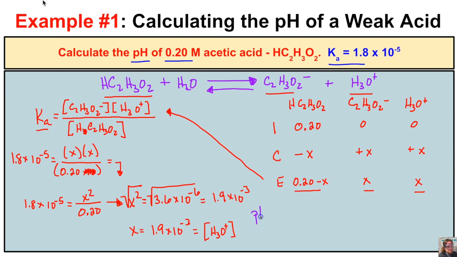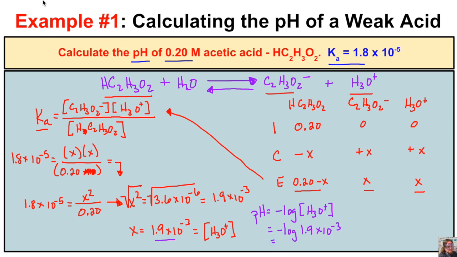And remember, to get the pH of a solution, we take the negative log of our H3O plus concentration, and that's what we just figured out. We figured it out to be 1.9 times 10 to the negative third. So we're going to take the negative log of 1.9 times 10 to the negative third.